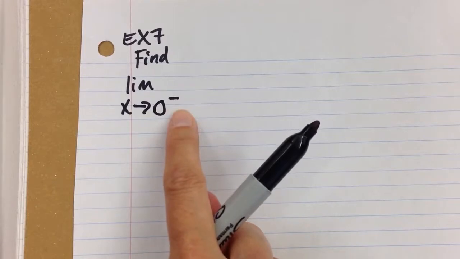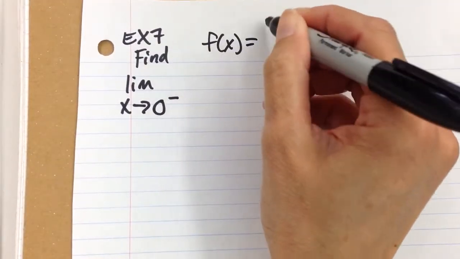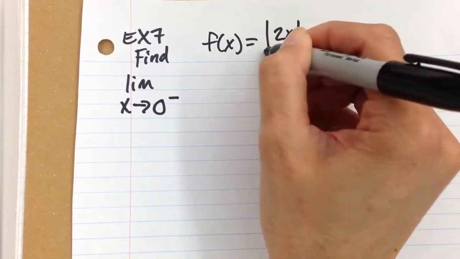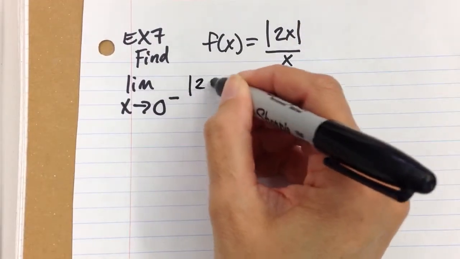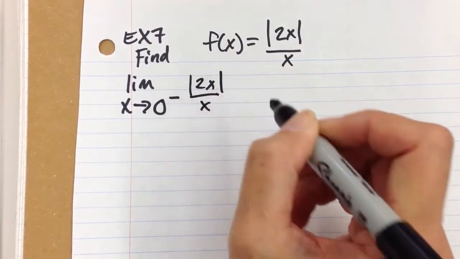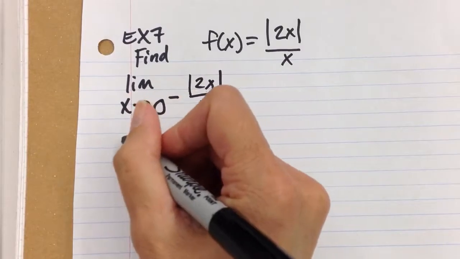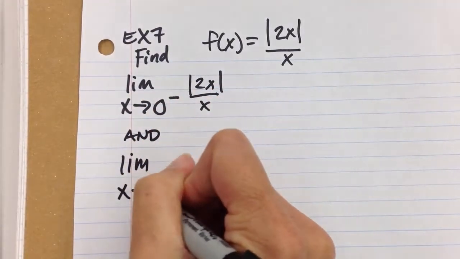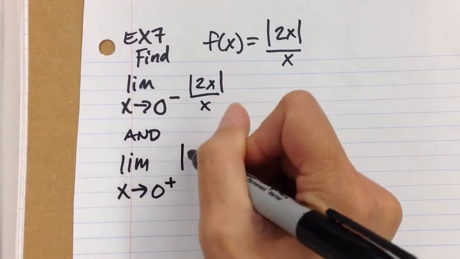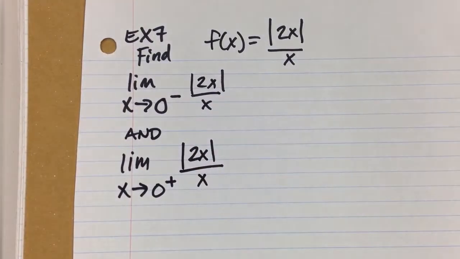That means 0 from the left of the function, and our function is the absolute value of 2x over x. And we also want to find the right-handed limit, the limit as x approaches 0 from the right of the same function, absolute value of 2x over x.